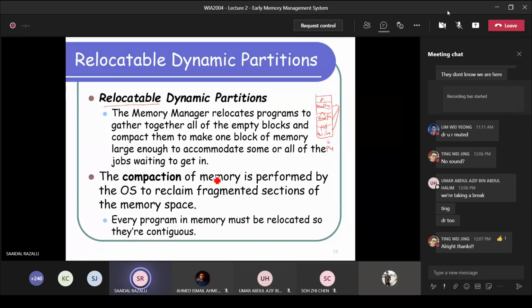The compaction of memory is performed by the OS to reclaim fragmented sections of the unused memory space. Every program in memory must be relocated so they are contiguous, set next to each other.